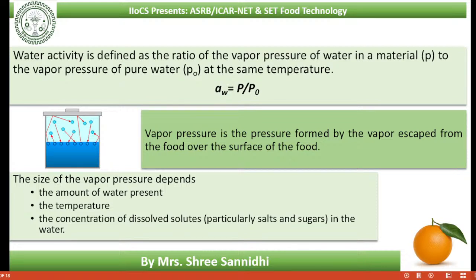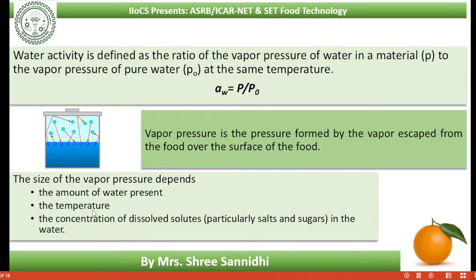So in water activity, we can compare the vapor pressure of the food with the vapor pressure of pure water. Okay. The size of the vapor pressure, in the sense the quantity of the vapor pressure, depends on the amount of water present in the food.